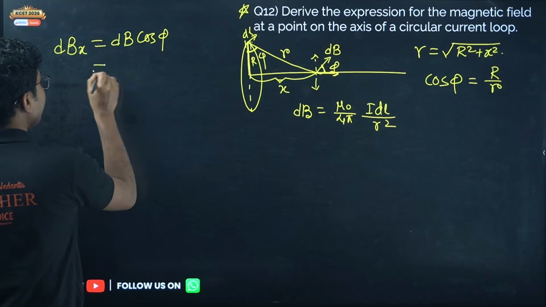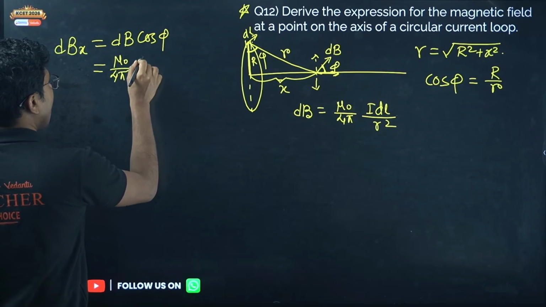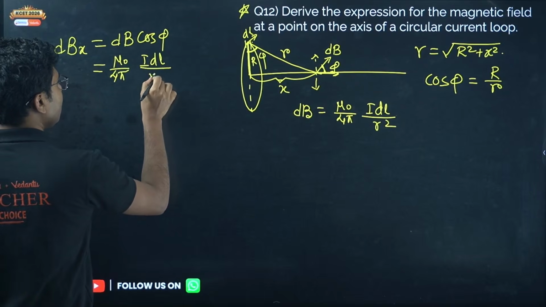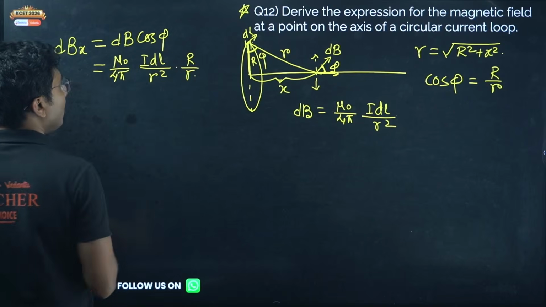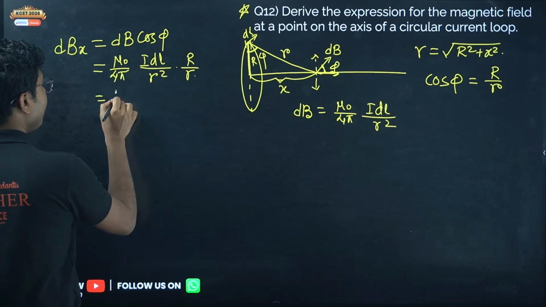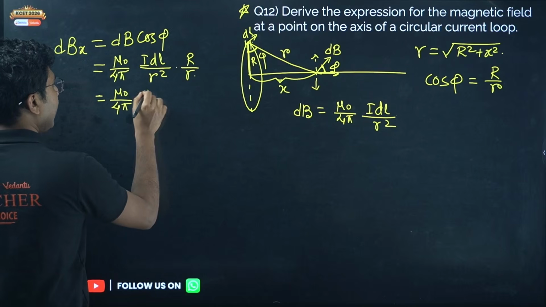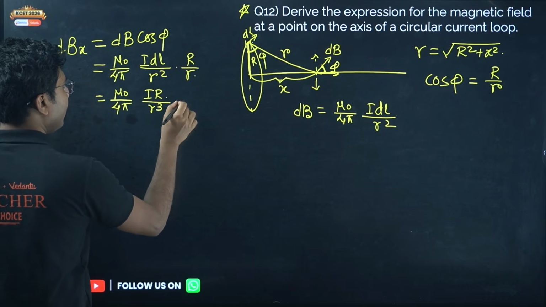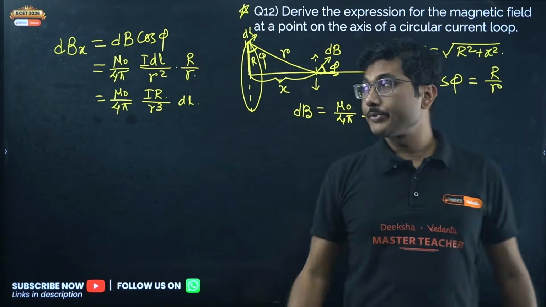So now put the values: mu naught by 4 pi, I dl divided by small r square, into capital R divided by r. Now simplify: mu naught by 4 pi, I R divided by small r cube, into dl. Now remember, we are not here because of the small element.